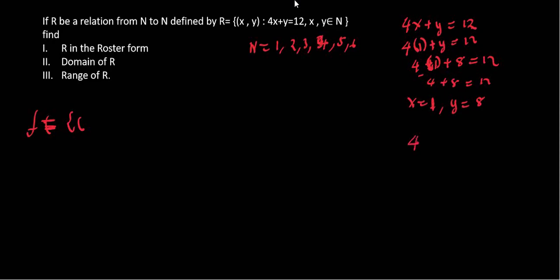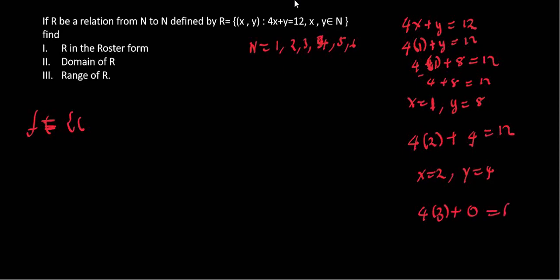How about if I put 2 there? What number should I put for me to get 12? That is 8 plus 4, right? So meaning that the x is 2, and the y is 4. Okay. And if I put 3, it will just go direct to be 0, right?